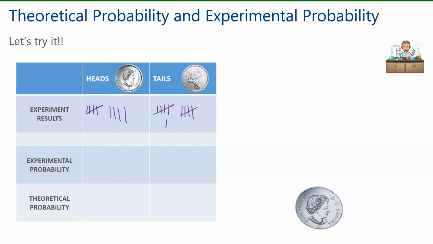Heads. 20 trials completed. We note that we obtained 9 heads and 11 tails. Our experimental probability then for heads would be 9 out of 20, and our experimental probability for tails, 11 out of 20.